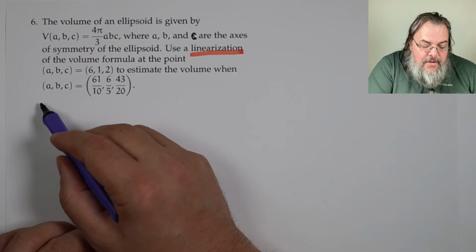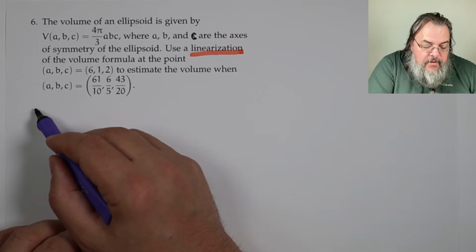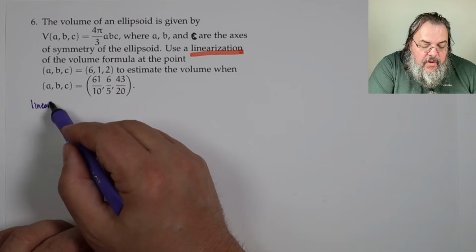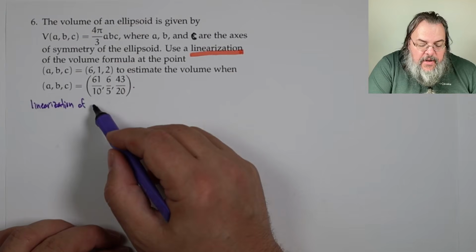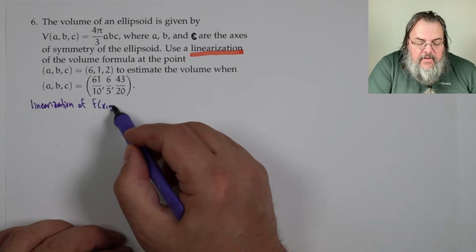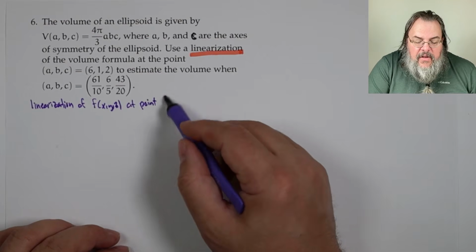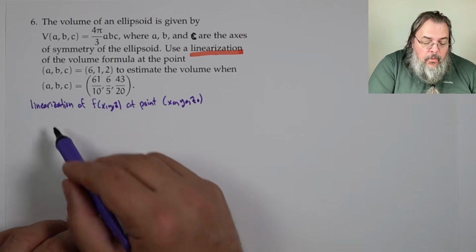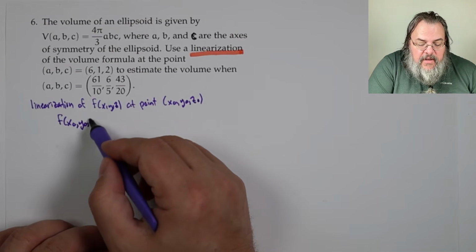So what's the process? Let's do it this way. We'll do it with the symbols that we're comfortable with, and then we'll go into other symbols. The linearization of F of X, Y, Z at a point X naught, Y naught, Z naught is, you plug in the point, F of X naught, Y naught, Z naught.